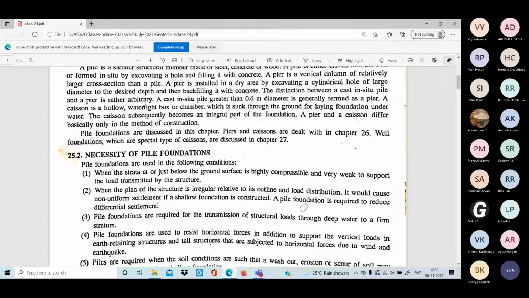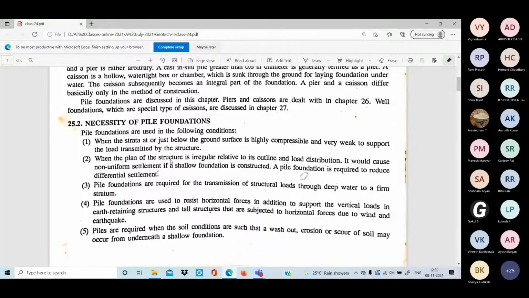Okay. So pile foundations are required for transmission of the structural load through deep water or a fill to the stratum. That means for bridges and other things, we use these pile foundations. It will transfer the load to the hard strata.